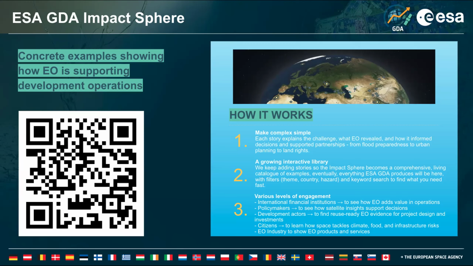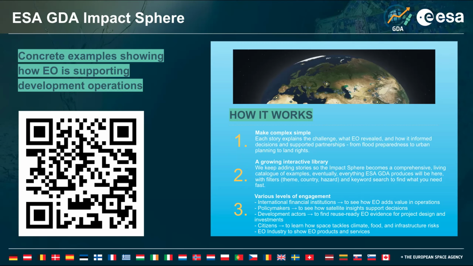The idea is simple. Take something technically complex and make it easy to understand and easy to show to others. Each story explains the challenge, what the EO data revealed, and how that insight helped inform planning or investments.